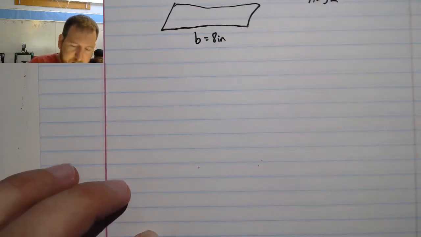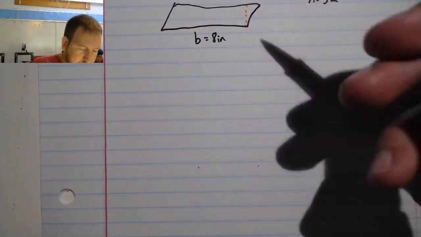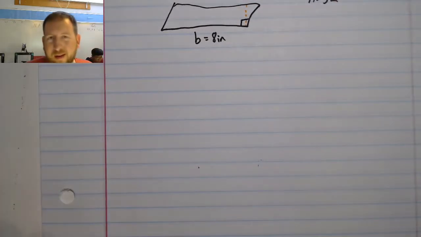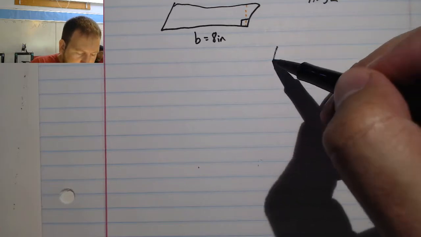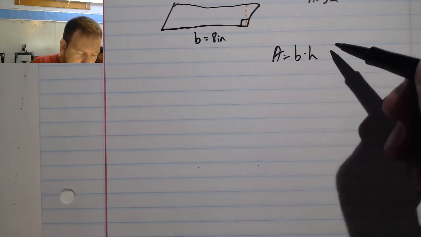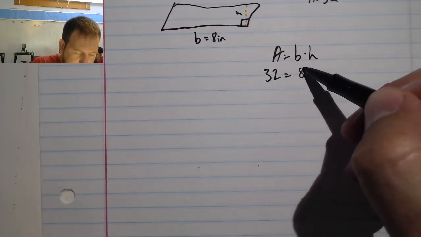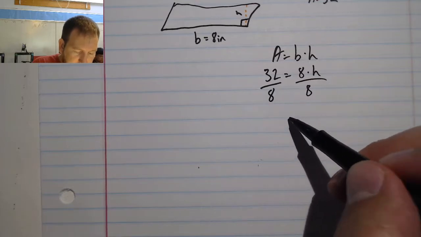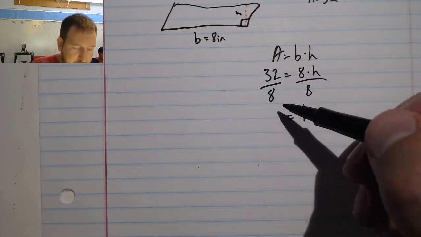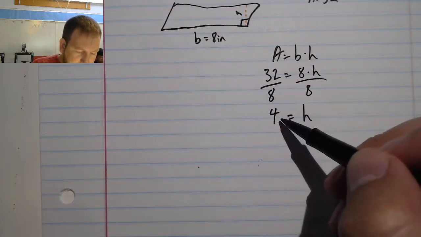And my height is here. Now you don't have to draw out the parallelogram every time. I'm just doing it because it's a little bit easier. And I'm going to write my formula. Area equals base times height. Here's my height. 32 equals 8 times h. Divide both sides by 8. I have h equals, what is that? 4. So my height is 4 inches.